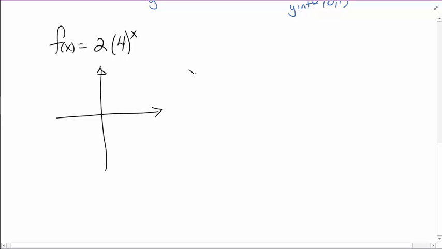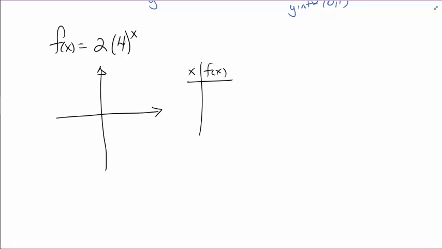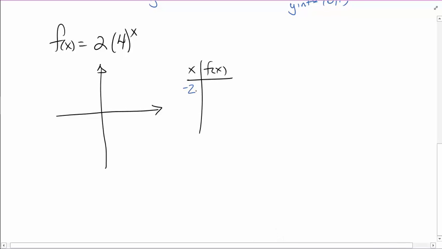I'm going to do this by using a chart to label some values here. Let's first plug in some negatives. If we plug in a negative 2, f of negative 2 would be equivalent to 2 times 4 to the negative second. It's important to note here order of operations. Should we multiply the 2 times 4, or should we do the 4 to the negative second power first?